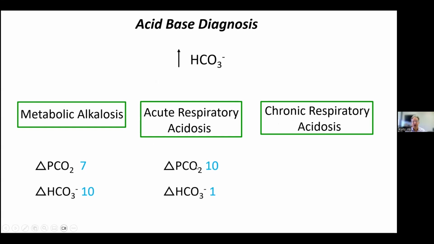So if it's acute, for every 10 increase in the PCO2, the bicarb goes up 1. It goes up a little less than it does in the down direction from the bicarbonate buffer reaction. And in chronic respiratory acidosis, it goes up further due to the kidney. The kidney generates and reclaims the extra bicarbonate, and it goes up another 2.5 roughly, such that the total change is 3.5 above the acute generation.